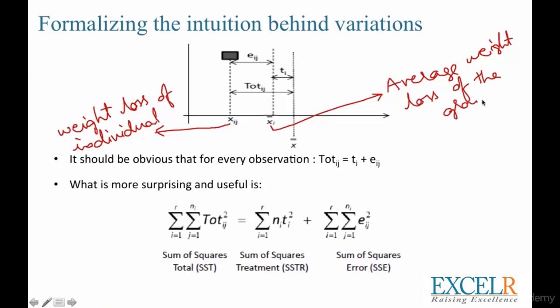All right. And the difference between the weight loss of each individual to the average weight loss is given using Eij, error. That is how it is termed, error. And the average weight loss of each group would not be exactly the same as the grand average.